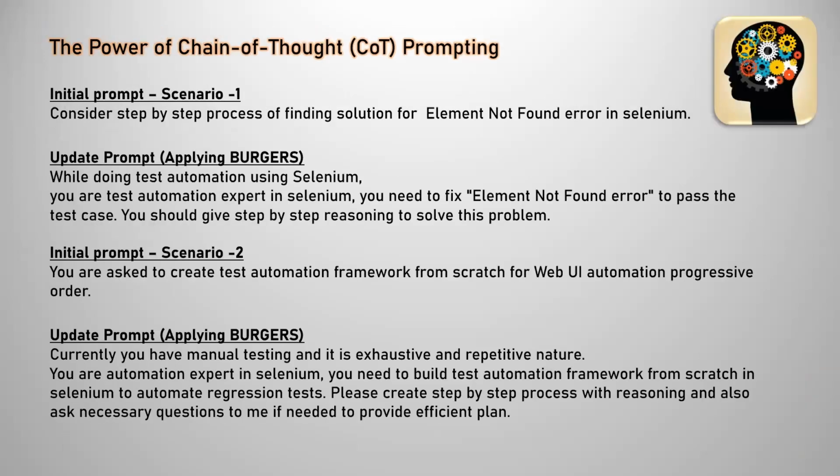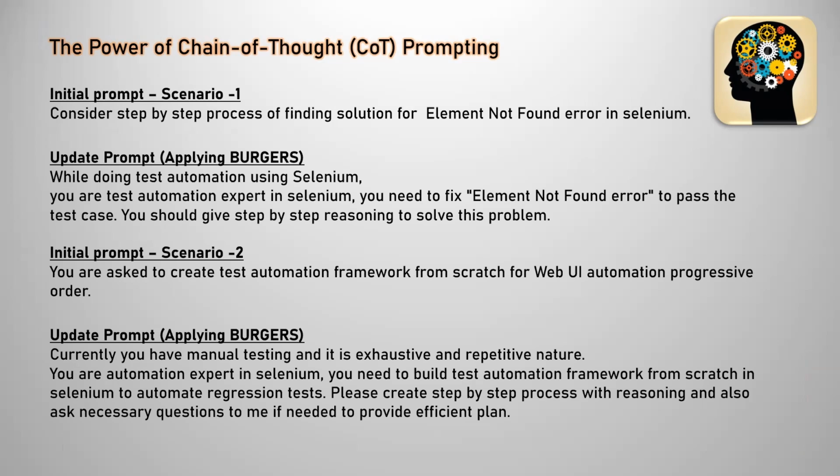Let's start from the QA automation perspective. Imagine you have the frequent element not found error in Selenium. If you are a beginner, you will think of a prompt like: consider a step-by-step process for finding the solution for element not found error in Selenium. However, by using the burgers concept, we will improve the prompt. First, the background: while doing test automation using Selenium.